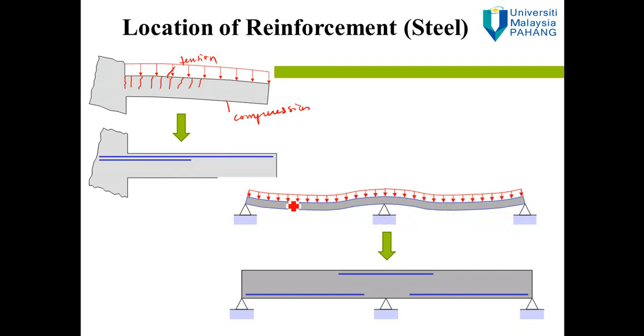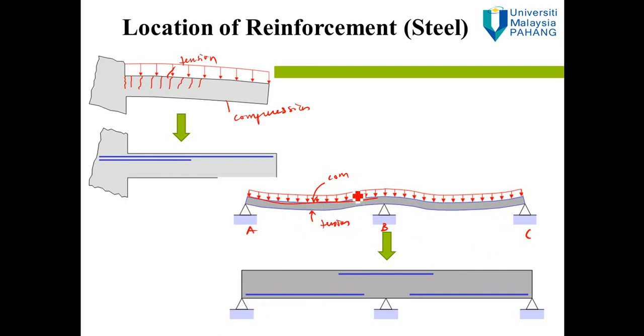Let's say this is point A, point B, and point C. For portion AB, the upper part will be in compression and the bottom part will be in tension. So that's why we put the steel rod at the bottom part.